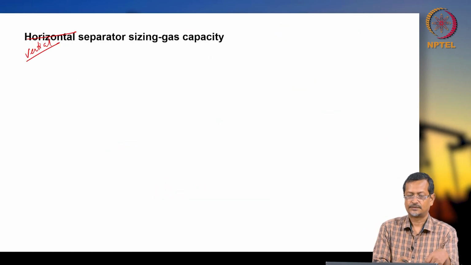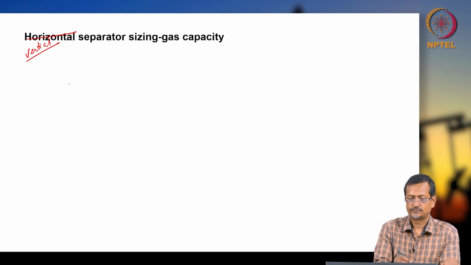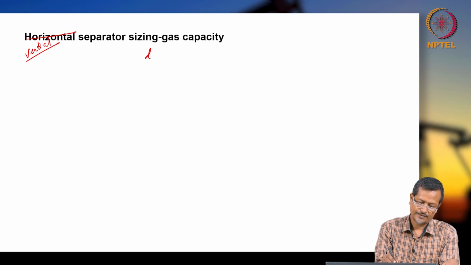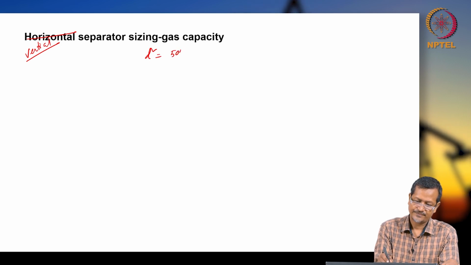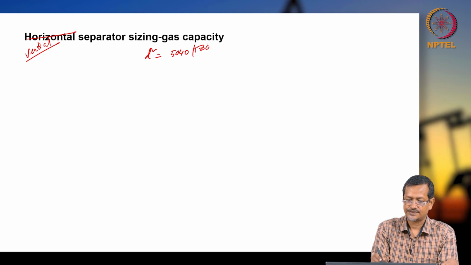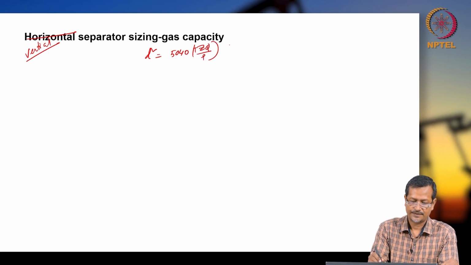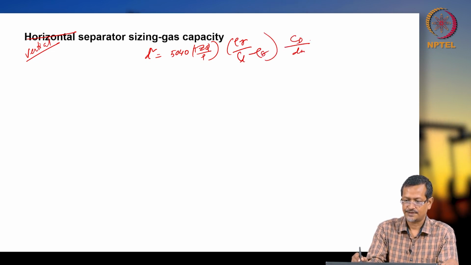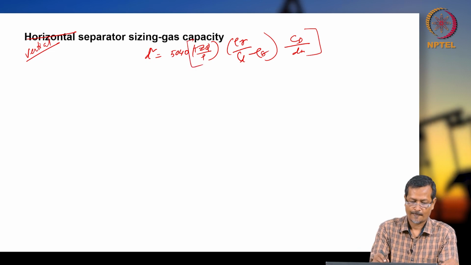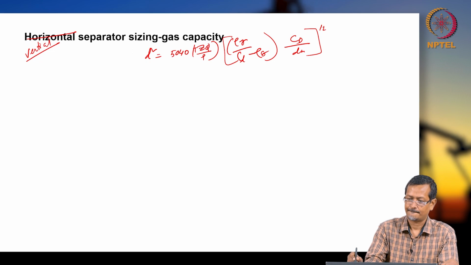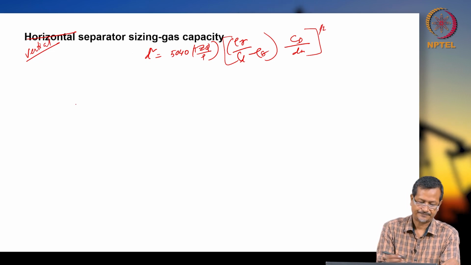Okay, so if we want to solve vertical separator problems, first you have to remember the formula: d square equals 5040 T Z Q over P, times the square root of rho G over rho L minus rho G, times C D over dm.